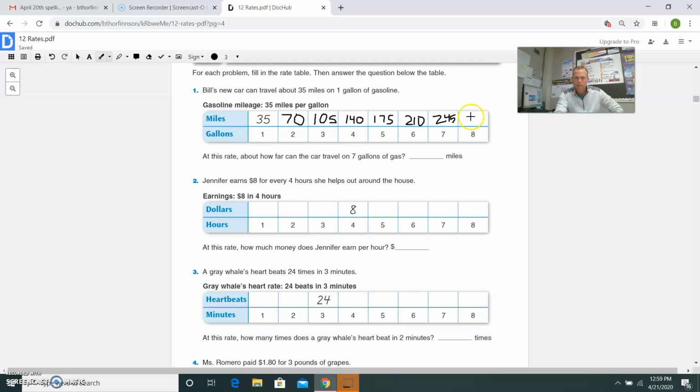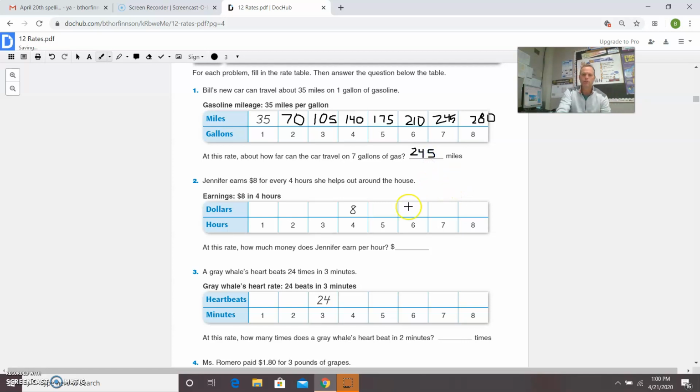And 8 would be 280. So at this rate, about how far can a car travel with 7 gallons of gas? It could go 245 miles. That's the rate.